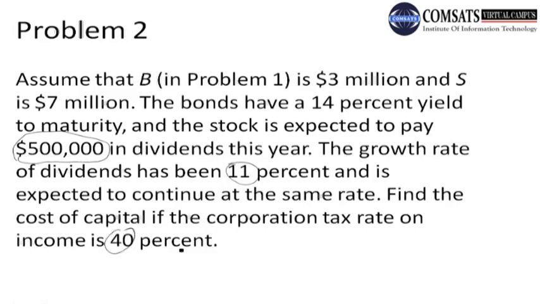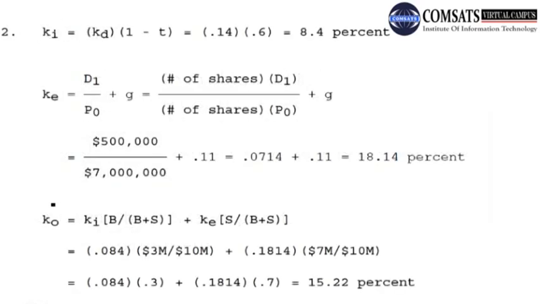So what we have to determine is the cost of capital given the interest rate of 14%. Here we have to calculate the return on bonds after tax. So we apply the tax rate on the bond, which is represented as KI, where KD is the return on the bonds and 1 minus T is the tax factor.